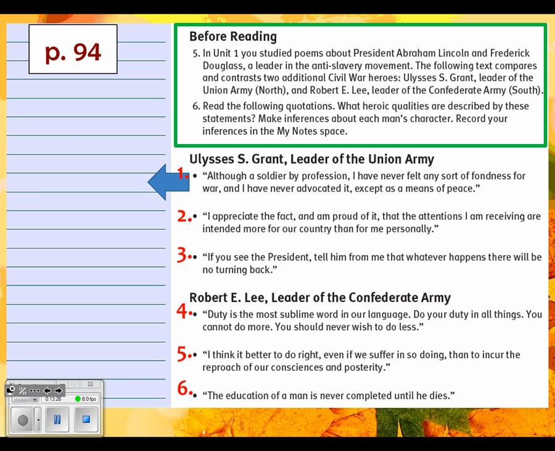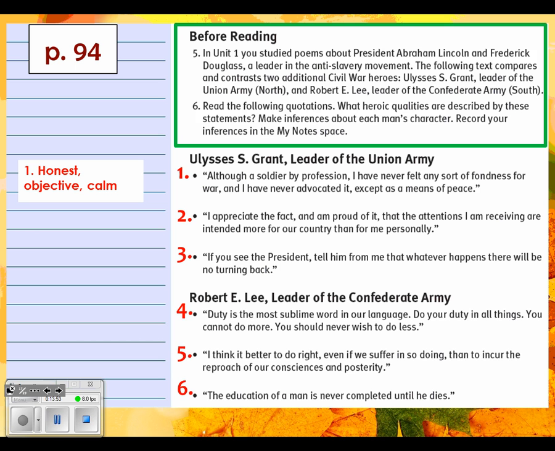Okay. All right, here's a couple of pieces that I considered when I looked at this very first quote. So in your My Notes column, I am going to have you write the number 1. That's going to indicate these were traits for the first quote. Now, the item that Santiago brought up about how this man, who was a leader of an army, not an advocate of war, I thought there was a true honesty in that. It's kind of a breath of fresh air. This was this man's livelihood.